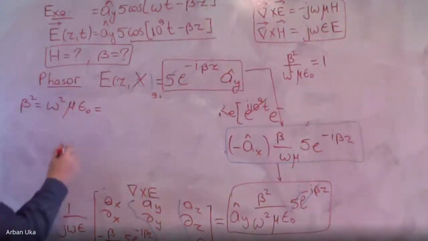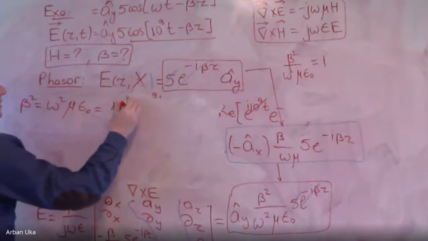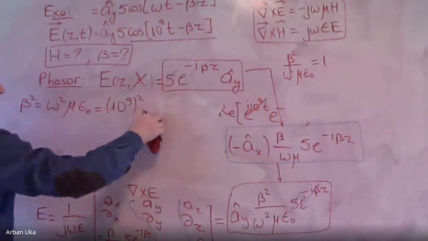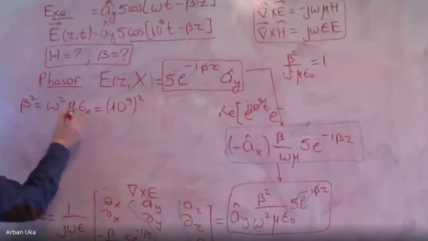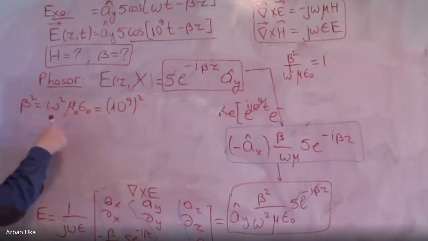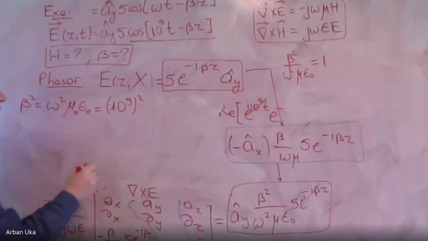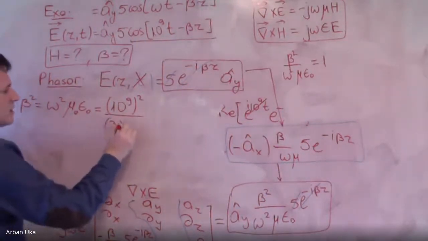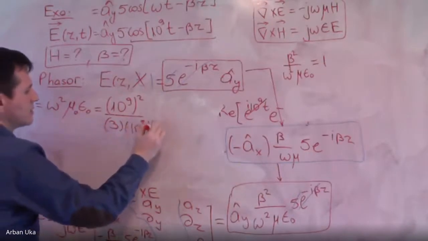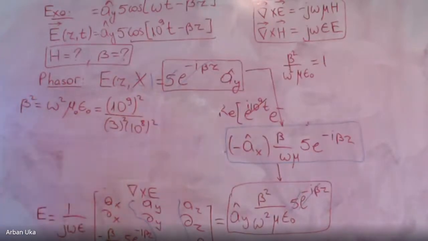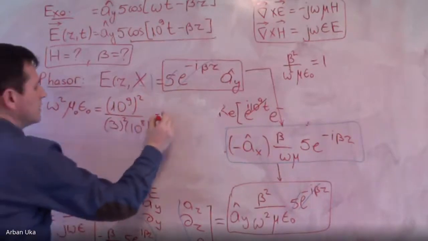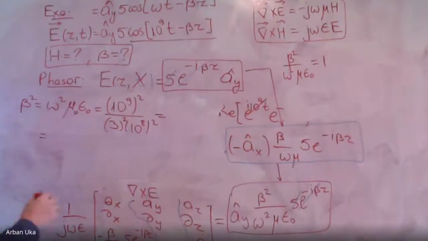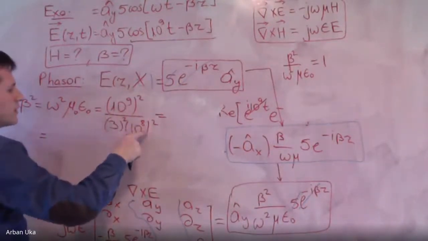Omega squared is 10 to the power 9 squared. Okay? This is 10 to the power 9 squared, and the permeability times permittivity, this is equal to 1 over c squared. So this is 1 over the speed of light squared, which is 3 times 10 to the power 8 squared here. Okay? Then we check here, and beta squared is again equal to 10 to the power 9 squared over 10 to the power 8 squared.